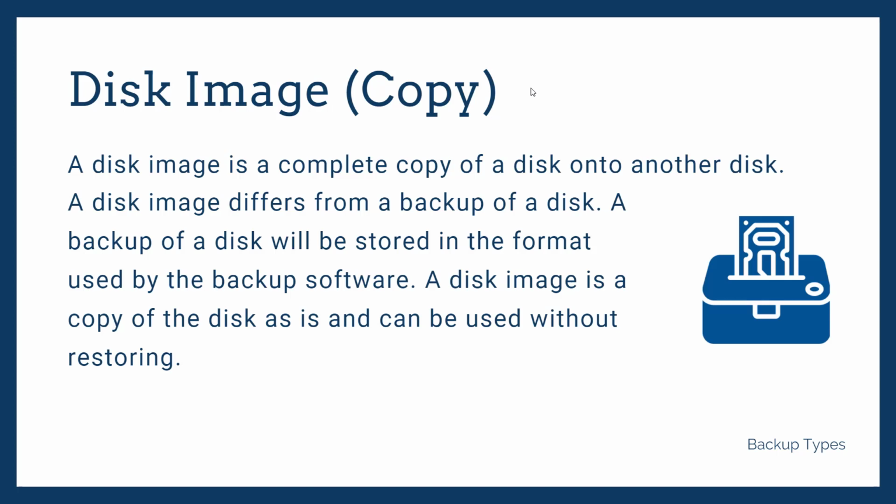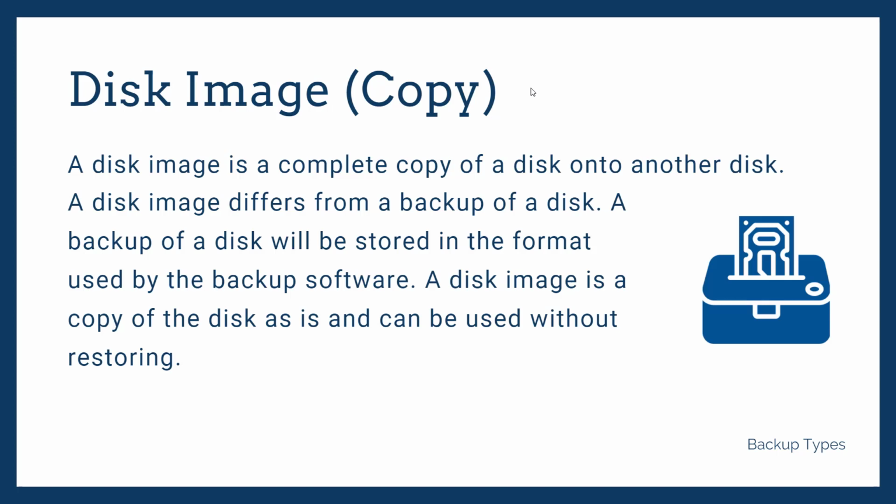So if you made a duplicate or image of your hard drive, you could take that duplicate and replace the original hard drive with it, and your system would run if it's like your operating system. And that's typically what you would create an image for: to have a copy of your system disk, your C drive, the drive that has Windows and your programs.